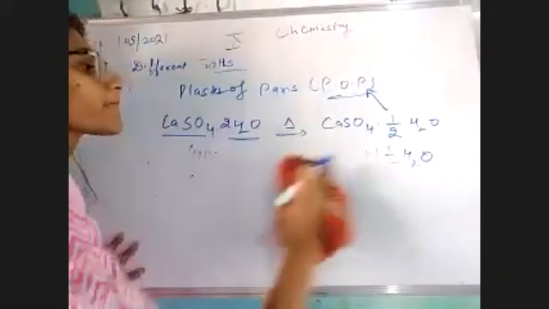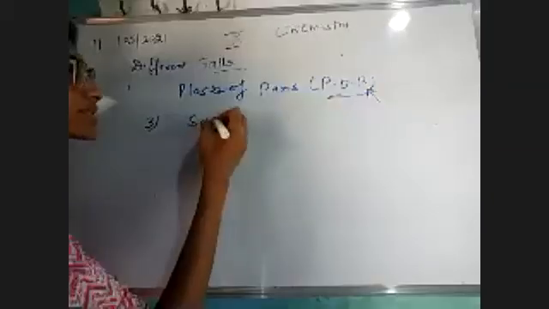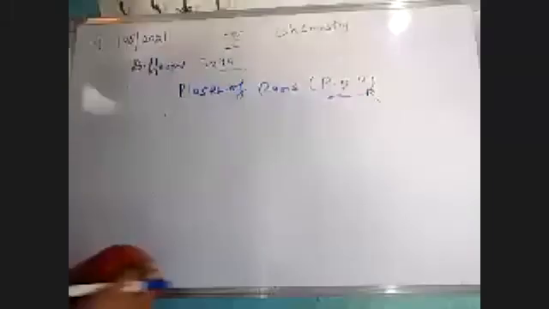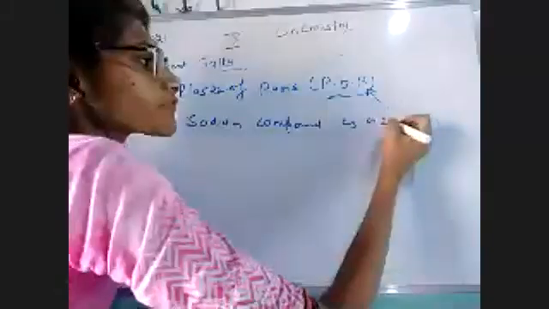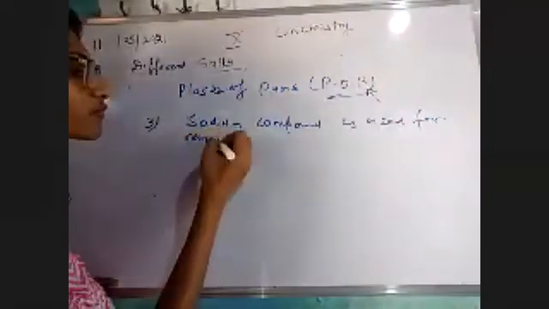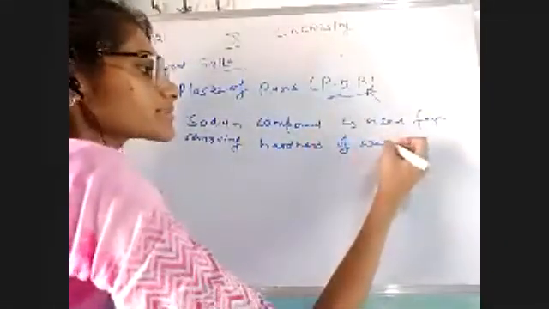And the question is, we have been told that there is one sodium compound, and this sodium compound is used for removing hardness of water. So we have studied this.